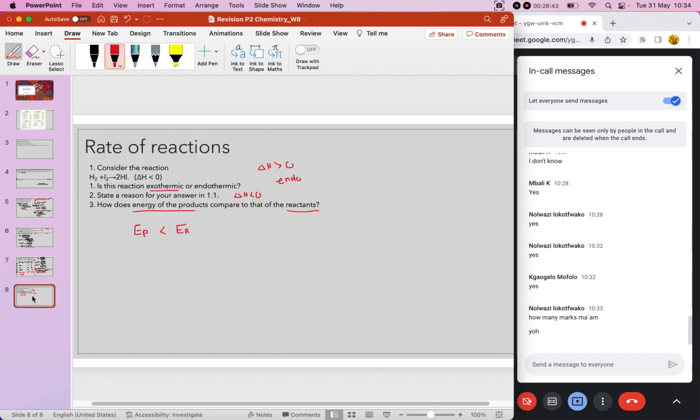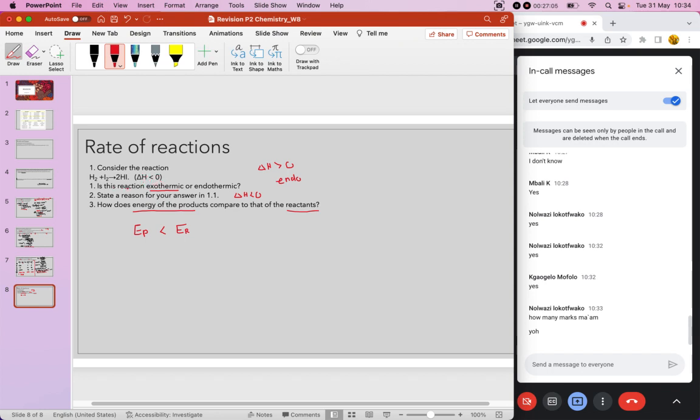Now, before we go, I want us to do an example just to refresh your minds about the rate of reaction. It says consider the reaction: H2 plus I2 gives 2 hydrogen iodide, and the enthalpy change is less than 0.